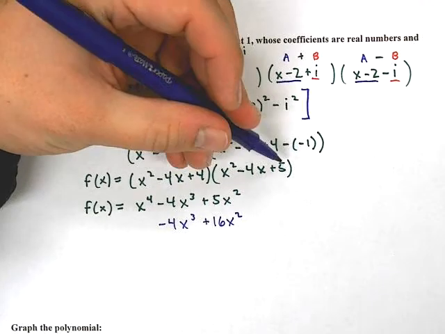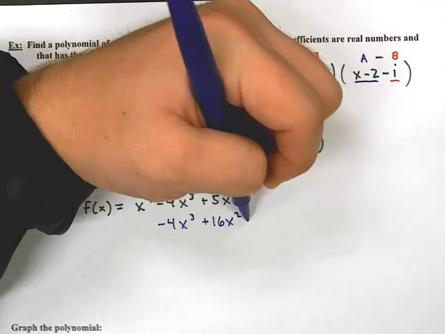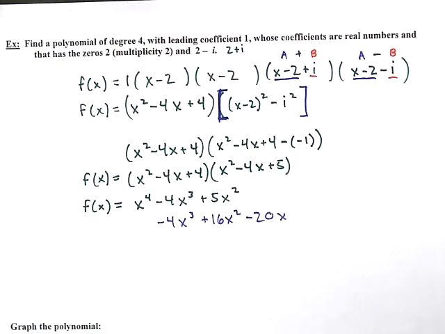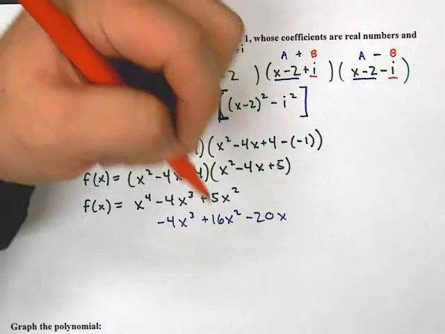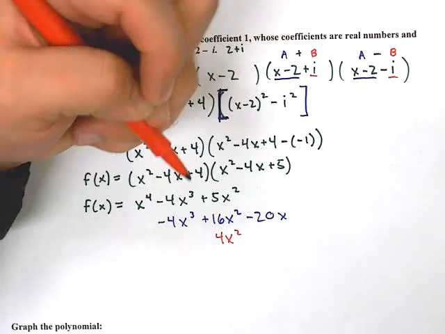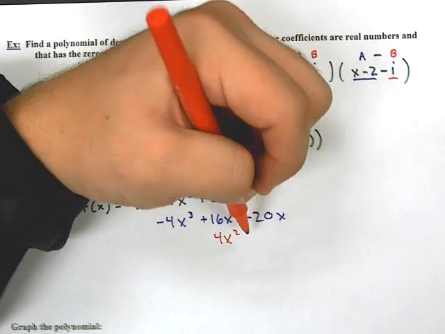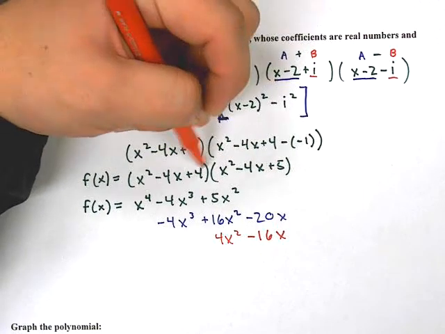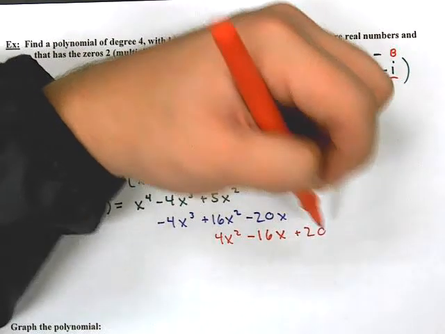Negative 4x times positive 5 is negative 20x. 4 times x squared is 4x squared. 4 times negative 4 is negative 16x. And lastly, 4 times positive 5 is positive 20.